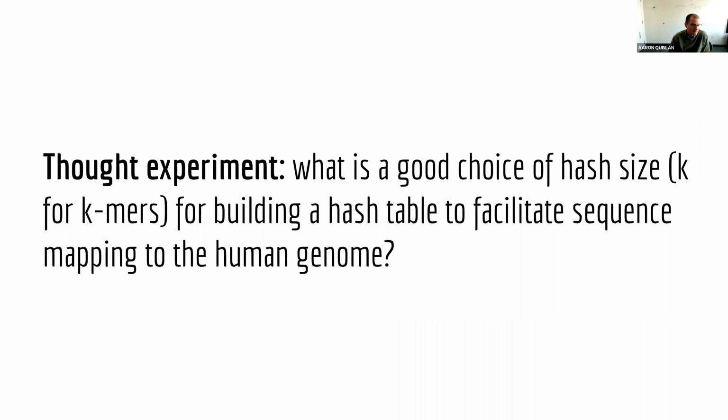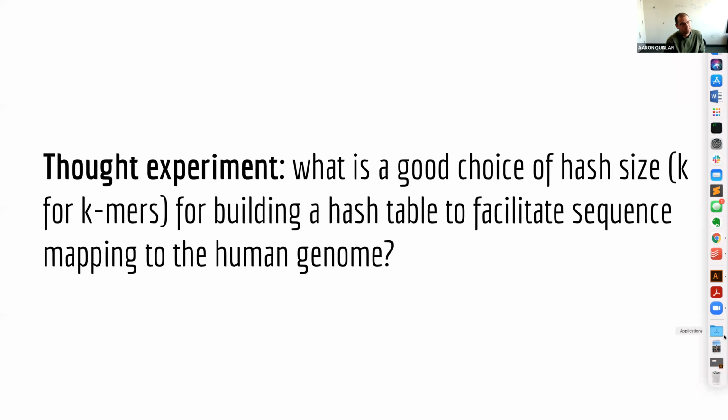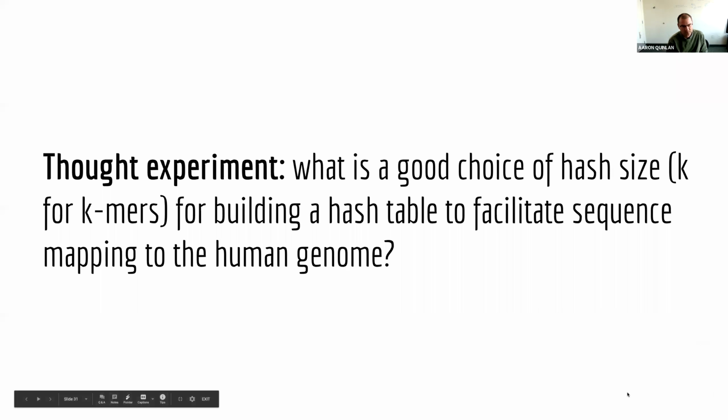That's right. Similarly, k equal 2, not terribly informative. Now we got 16 possible entries in that hash table, and so 3.1 billion divided by 16, better, but not great. When k equals 3, we have 64 possible locations.